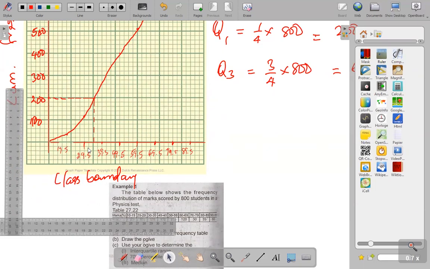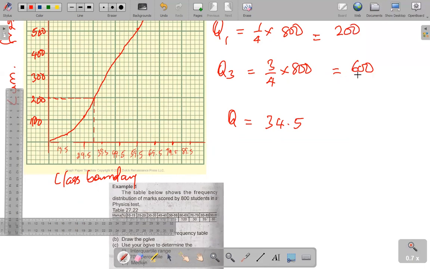Each box is 2.5. So 2.5 plus 2.5, that is 5. 5 plus 29, that is 34.5. So my lower quartile, Q1, is 34.5.